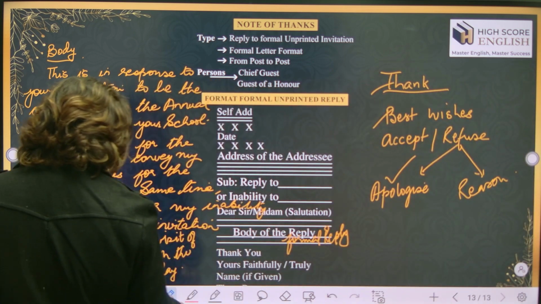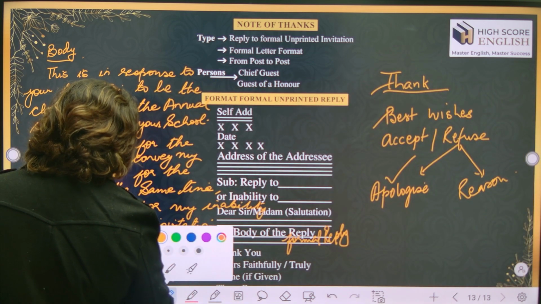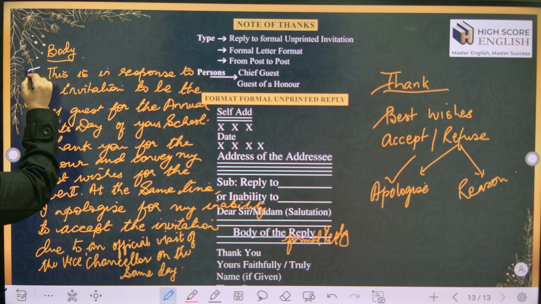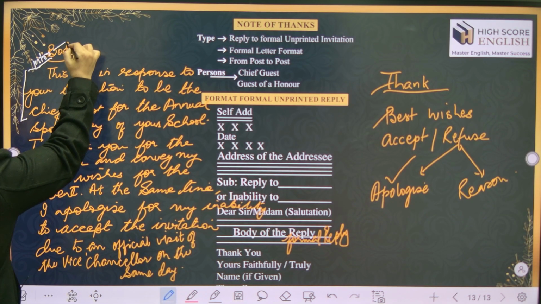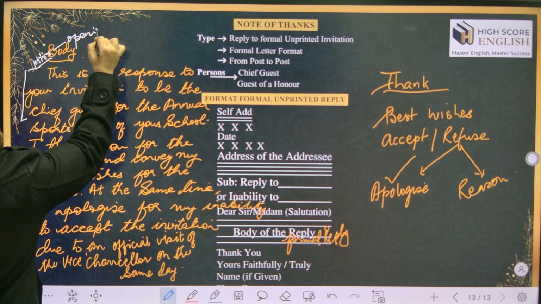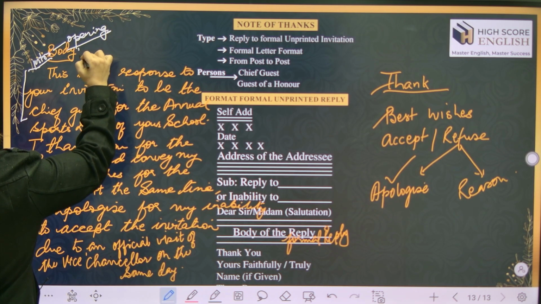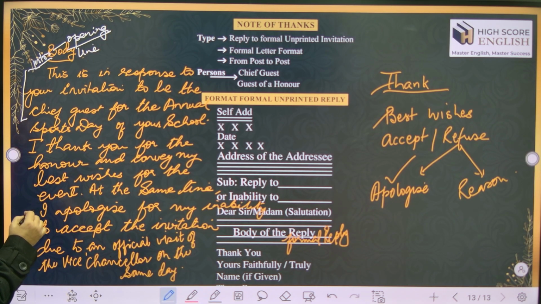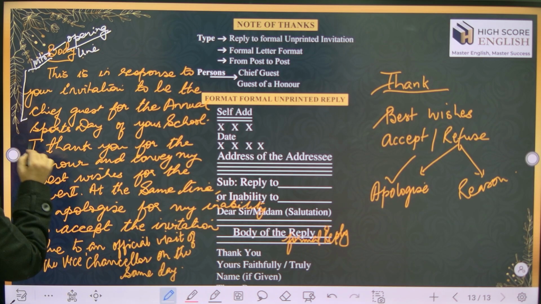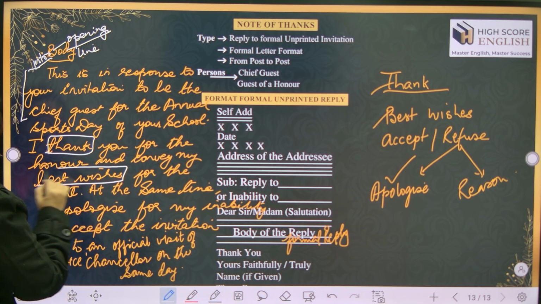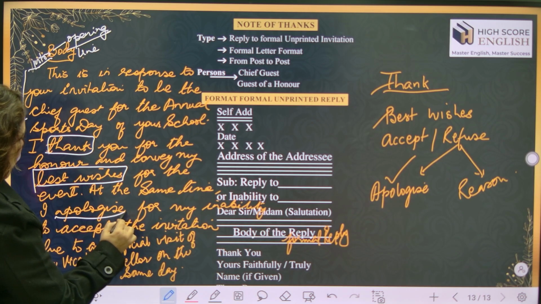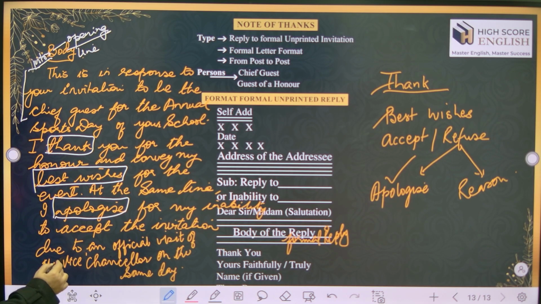Now you see, when you are done with it, what we have done: a general intro, opening lines. We have given an opening line, a general courtesy. After that, you have thanked. Okay, you have conveyed the best wishes, you have apologized for your inability, and this is the reason that you have given.